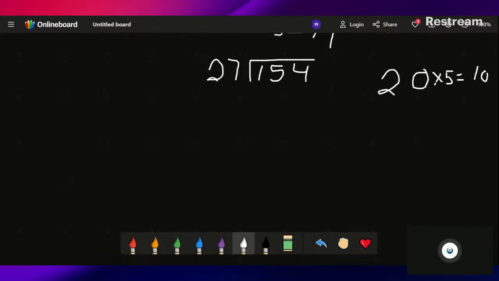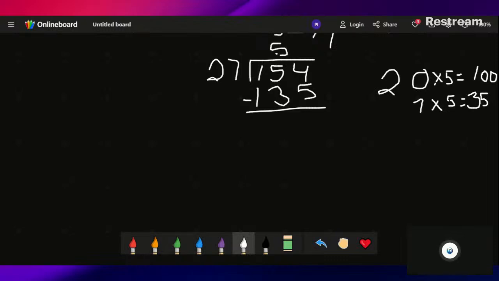And what is 7 times 5? 7 times 5 is going to be 35. So together that's 135. So we're going to write that here. That definitely fits. We're going to write 135. So that's 5 times. So the difference here is 19. And that's going to be our answer.